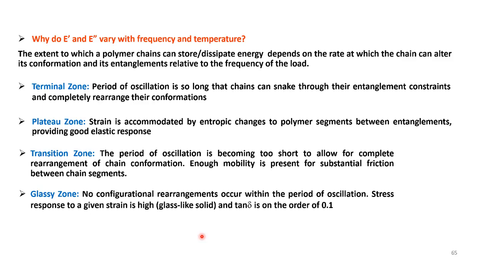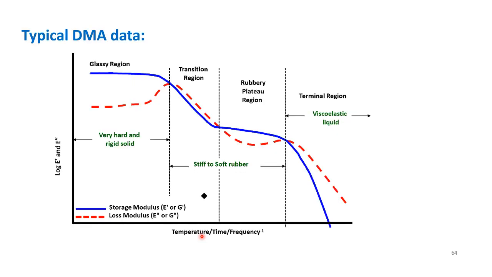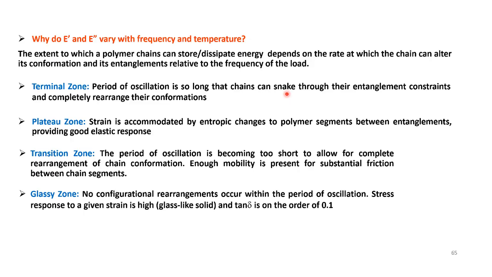In this zone the period of oscillation is so long that chains can snake through their entanglement constraints and completely rearrange their conformation. It is a very long period of oscillation, so the chains are getting entangled basically.